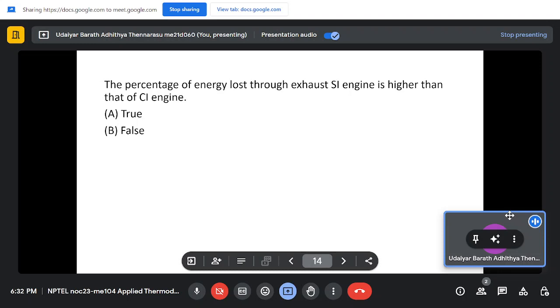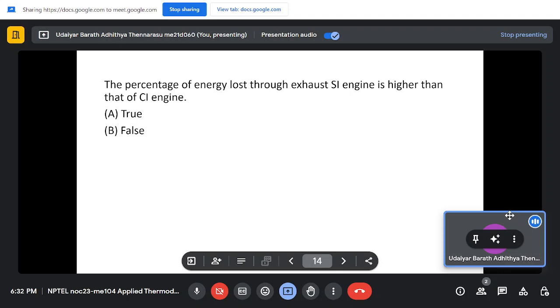The next question is, the percentage of energy lost through exhaust in a spark ignition engine is higher than that of a compression ignition engine. In both cases, after combustion happens and after the power stroke, the piston compresses and pushes out the remaining gases present after combustion.